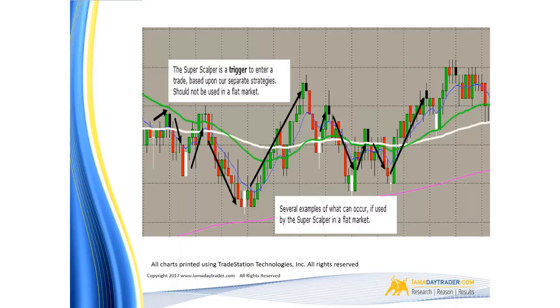And some of you have talked about, how do I know whether or not I'm in a flat market, and therefore I don't want to get chopped up? This is it. Taking a look at the slope of the moving average. How flat the 89 exponential moving average is, the white moving average.